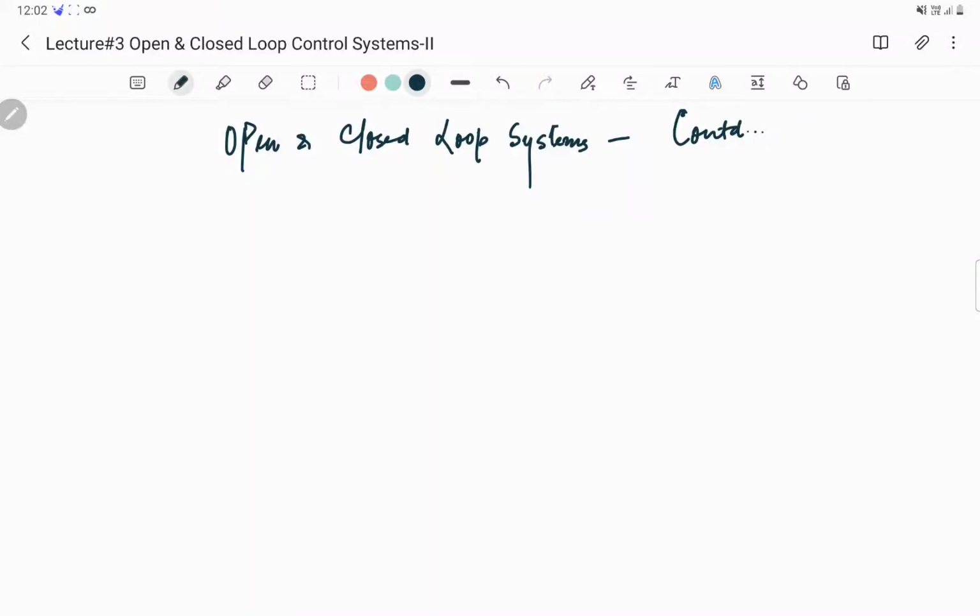I welcome you in this lecture on open and closed loop systems. In the previous lecture, we discussed open and closed loop control systems with simplistic block diagram representations.